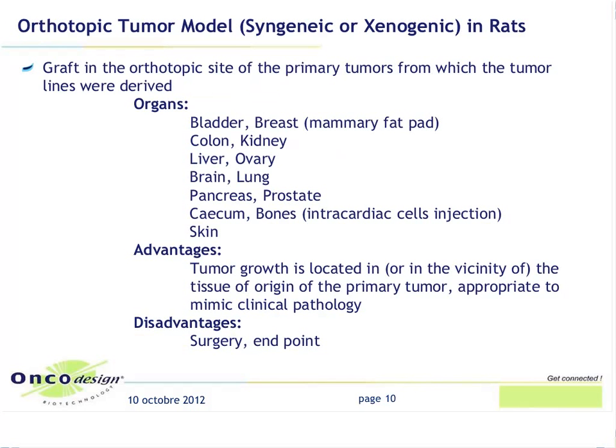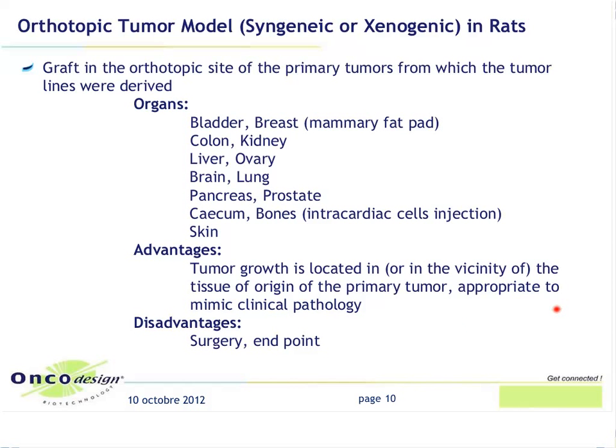A large variety of organs can be grafted: bladder, breast by mammary fat pad injection, colon, kidney, etc. For these models, the stroma is still rodent. The host can be an immunodeficient or immunocompetent animal, with advantages and disadvantages as already described.